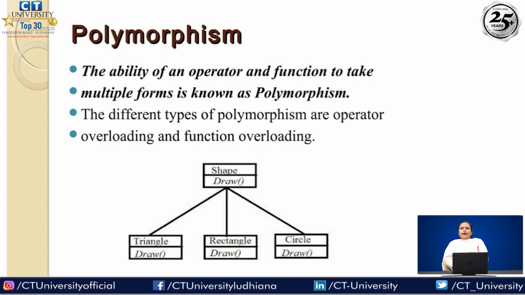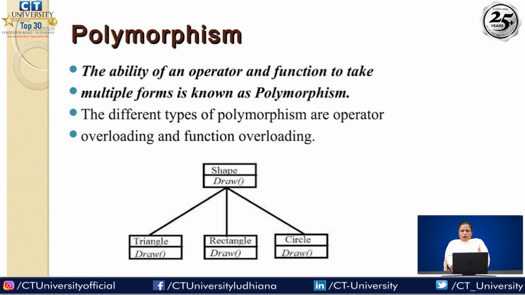It means one object with multiple interfaces. So we can say polymorphism is the ability to operate one function in multiple situations. It means we perform multiple uses based on one function.